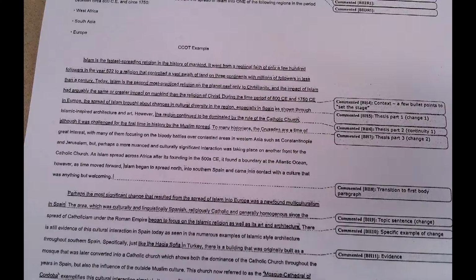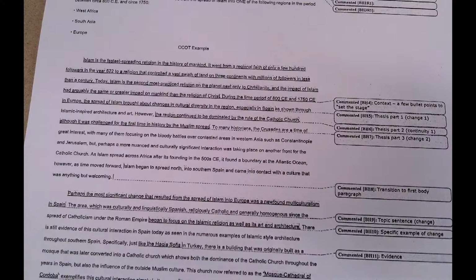And so I start with setting the stage about Islam to get the context point. This is your introduction to your essay, and really you only need two things in your first paragraph. You need your context. We call it setting the stage in that it's like if there's a play going on, before the first line is said in the play, we have to go out and put all the props out there.